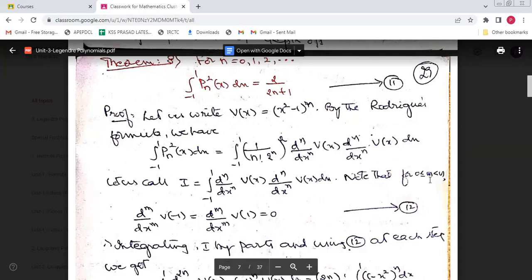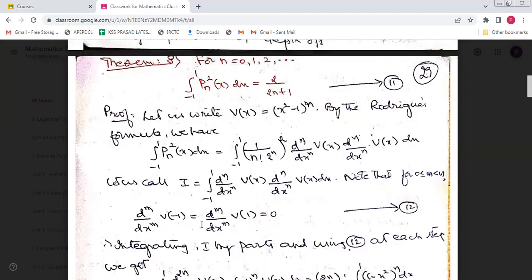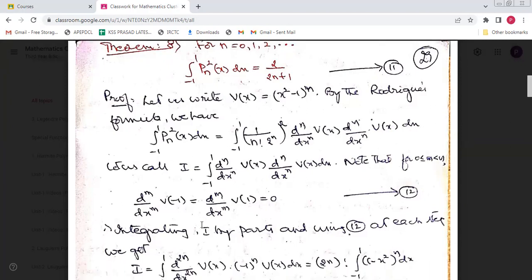So what is m? If m is a number lying between 0 and n, then the mth derivative of this function at -1 as well as the mth derivative of this function at 1 is equal to 0. So that is the meaning of that. Now integrating the first one by parts, at each step what is going to happen?